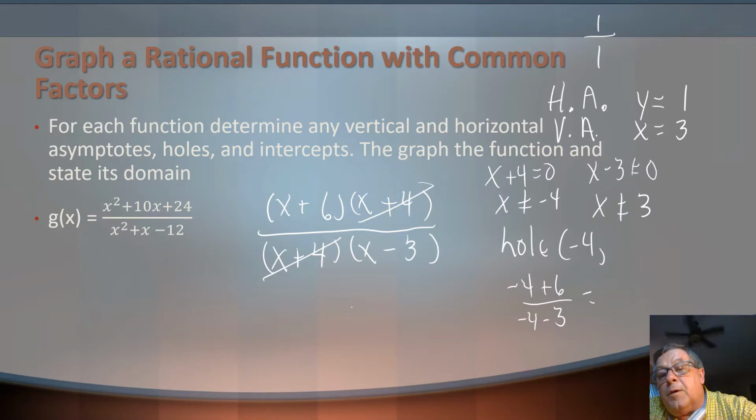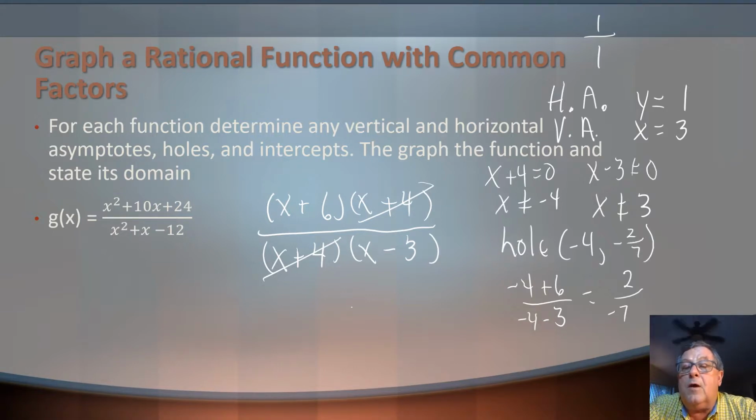Negative 4 plus 6 is 2, and negative 4 minus 3 is negative 7. So my y-coordinate where x is equal to negative 4 is negative 2 over 7. So I'm going to have a hole where x is equal to negative 4 and y is equal to negative 2 over 7.